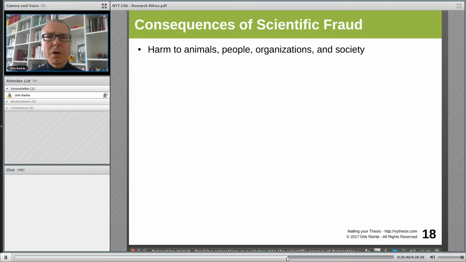So scientific fraud is to be taken very serious, and science doesn't want it. Science has all kinds of ways of figuring out scientific work, fraudulent work, but it may take its time. And while something has not been recognized as fraudulent work, it may lead to all these harms, like the fraudulent work on the connection between vaccines and autism.